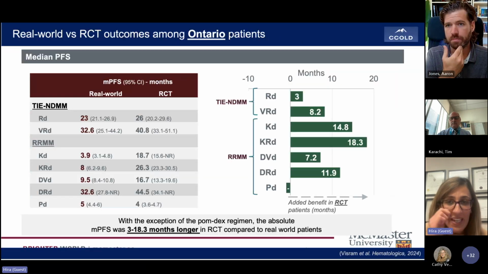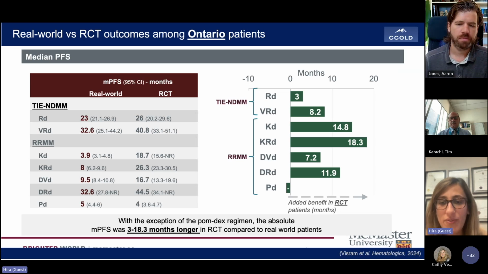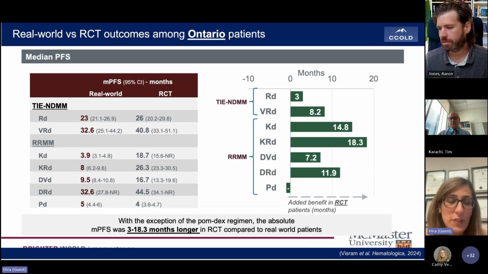So in this analysis, which actually took us a really long time to do, we basically looked at every single myeloma regimen and looked at what the progression-free survival or the time to next treatment was. And then we compared it to all of the registrational RCTs. So for this particular study, again, we had to go back. You're able to identify chemotherapy regimens in ICES.